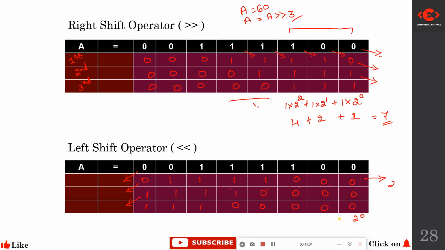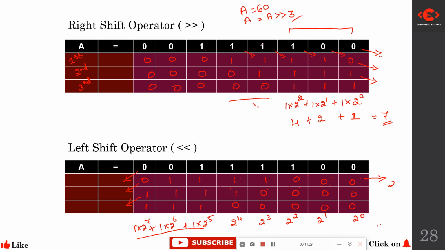So 2 power 0, 2 power 1, 2 power 2, 2 power 3, 2 power 4. Here it is 1 into 2 power 5 plus 1 into 2 power 6 plus 1 into 2 power 7. You calculate this and you're going to get the final decimal value for the left shift after performing three shifts.